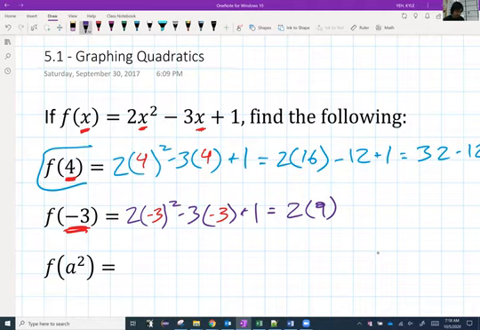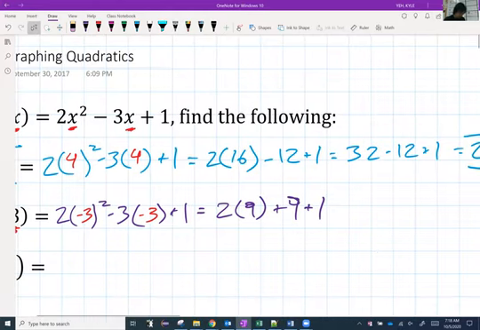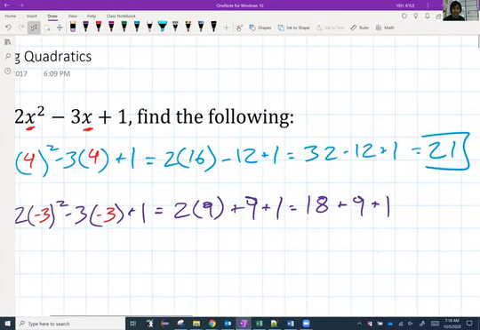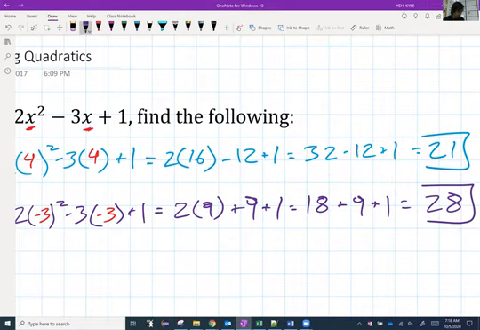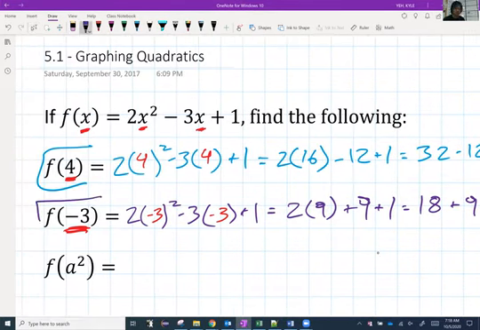Negative 3 times negative 3 is going to be plus 9 plus 1. So 18 plus 9 plus 1. 9 plus 1 is 10. So 18 plus 10, 28. f of negative 3 for this function is 28.